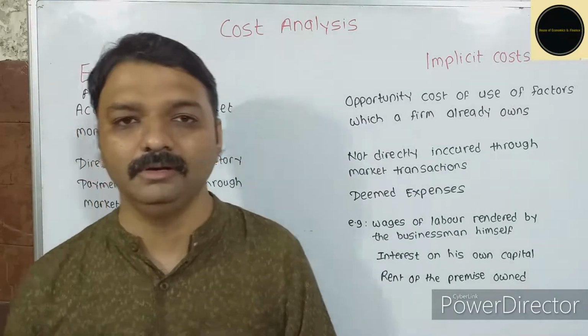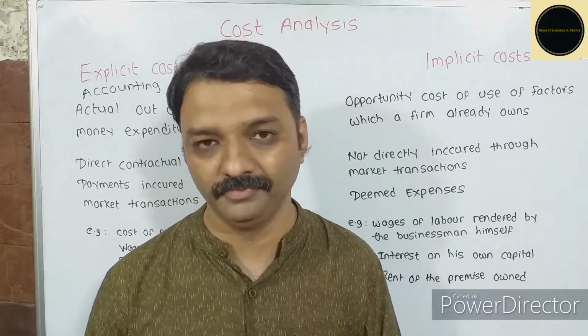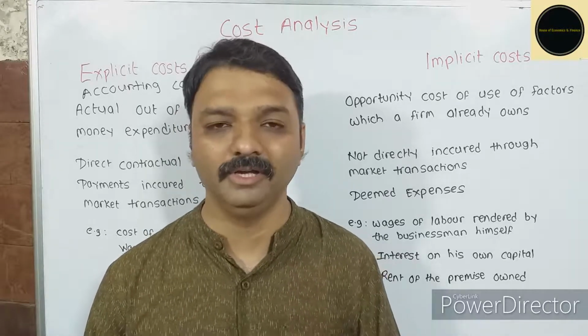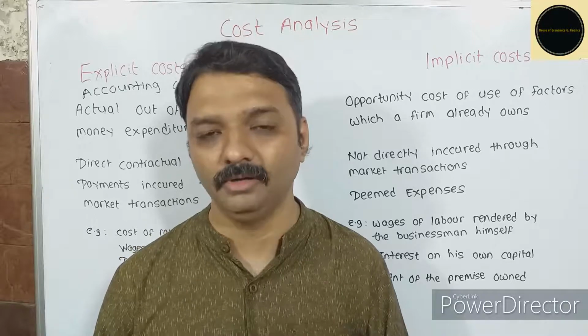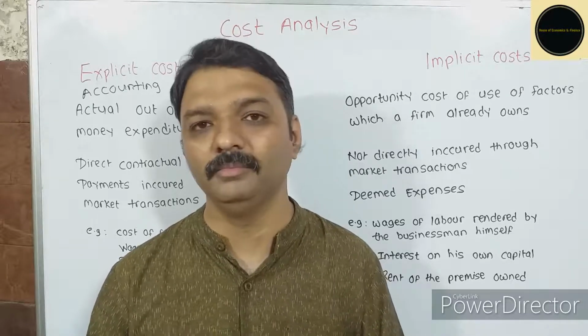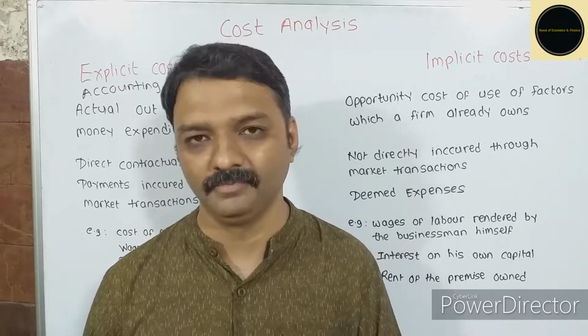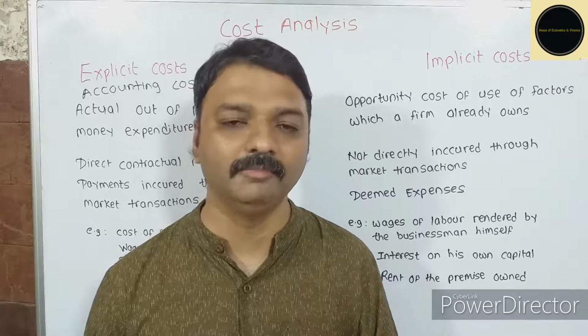In addition to this, there is something called implicit costs. Implicit costs are nothing but the opportunity costs of the factors which the entrepreneur owns himself. What am I talking about?